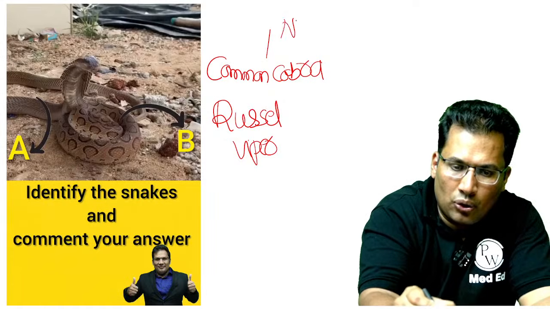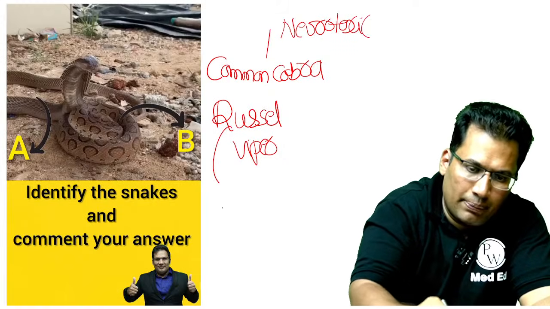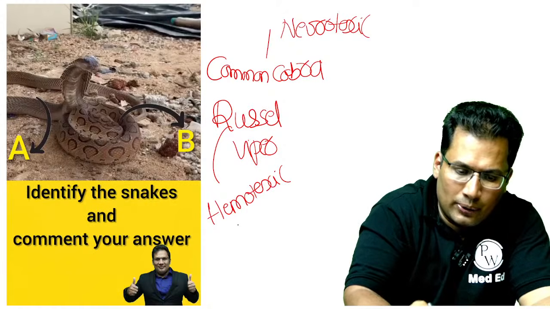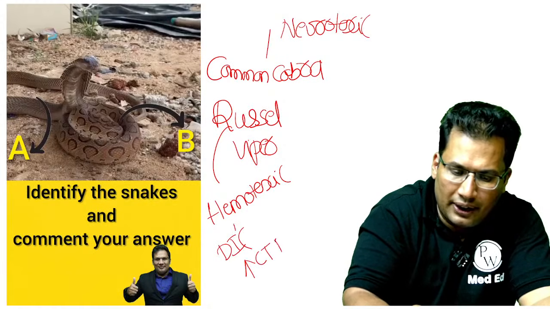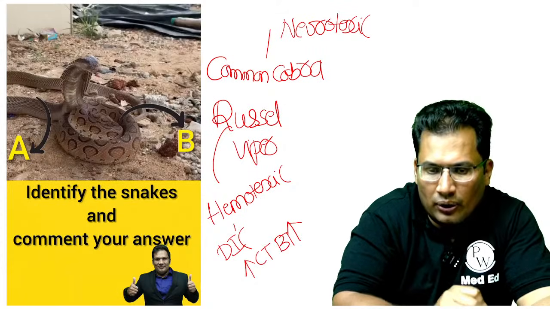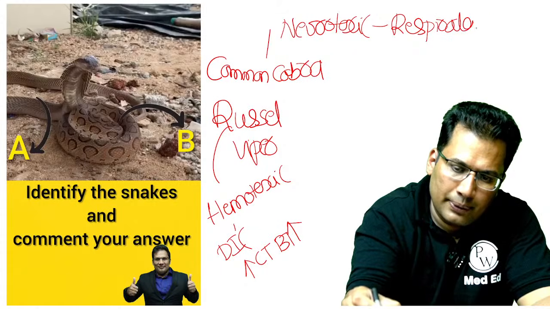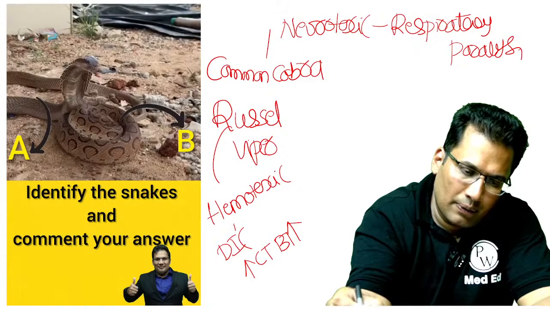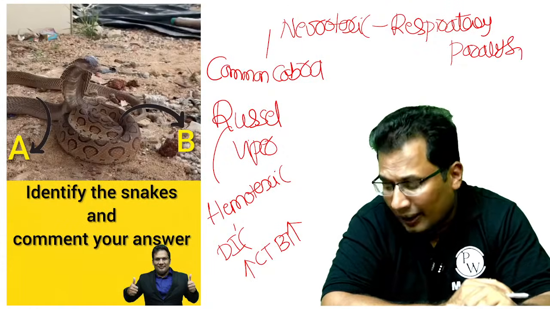Common cobra is neurotoxic, you have to remember. Russell's viper is hemotoxic. So hemotoxic causes DIC, increased clotting time, increased bleeding time, leading to death. Neurotoxic causes respiratory paralysis. You have to remember. And remember, treatment is ASV, anti-snake venom.